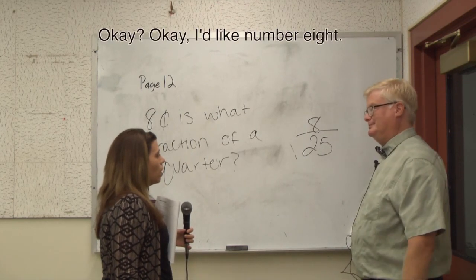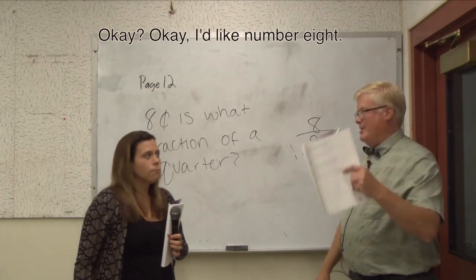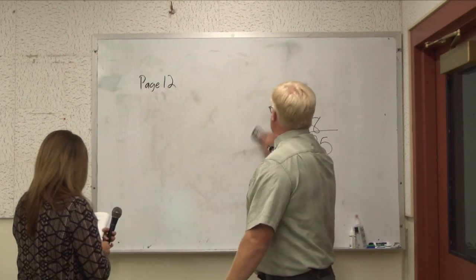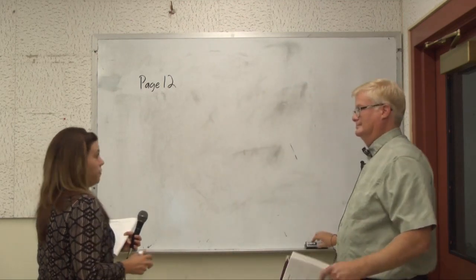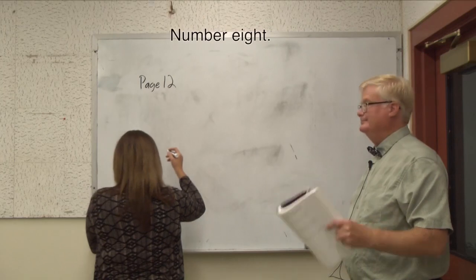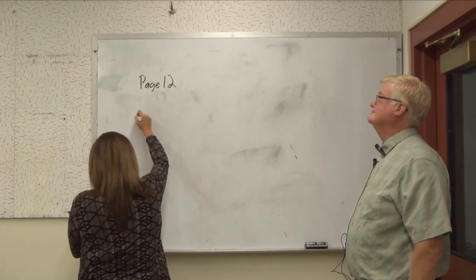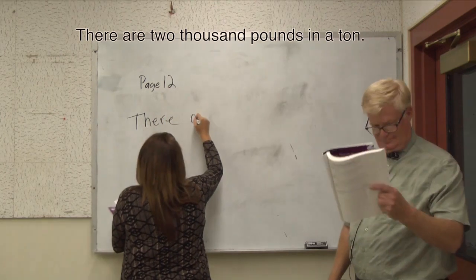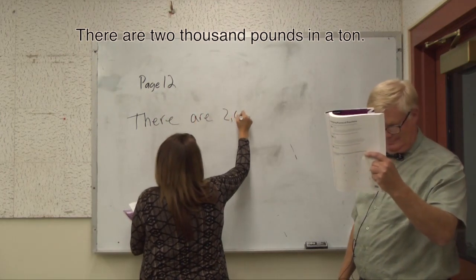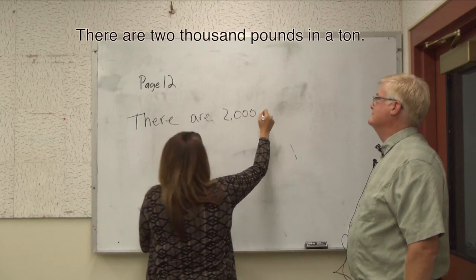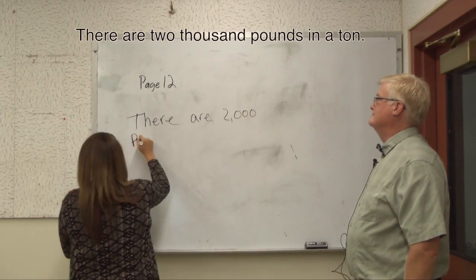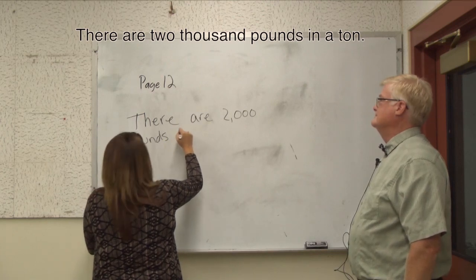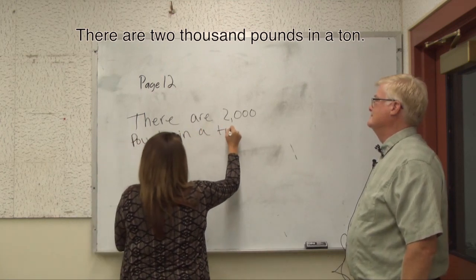How about one more? Okay. I'd like number 8. Let's do number 8. Okay, you want me to write it out? Sure. Number 8. There are 2,000 pounds in a ton.